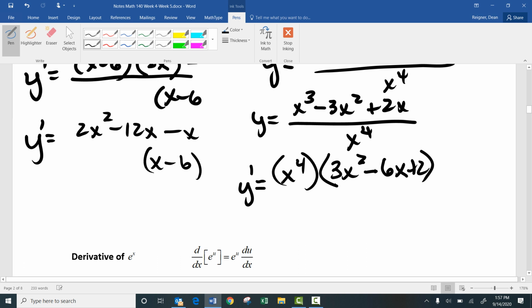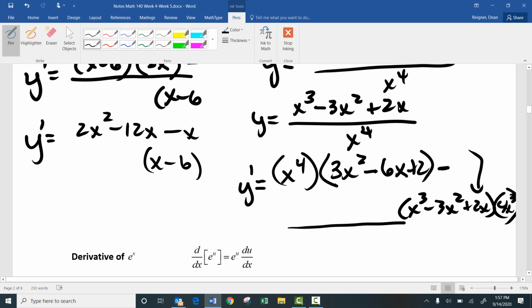All right, so kind of running out of room here. So bottom derivative of top minus, so we'll kind of have to go down here. Bottom derivative of top minus top derivative of the bottom, or x cubed, all over bottom guy squared.